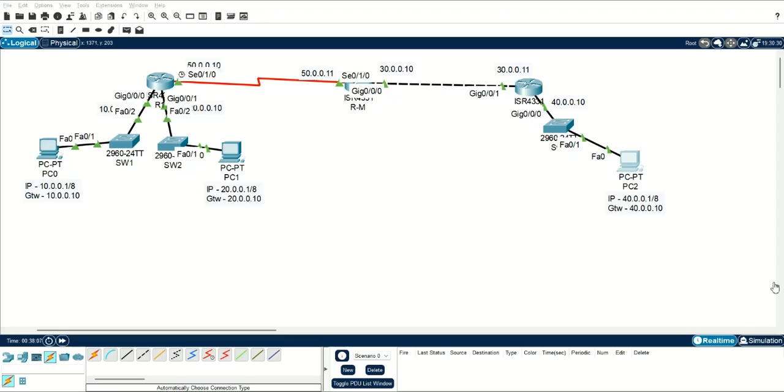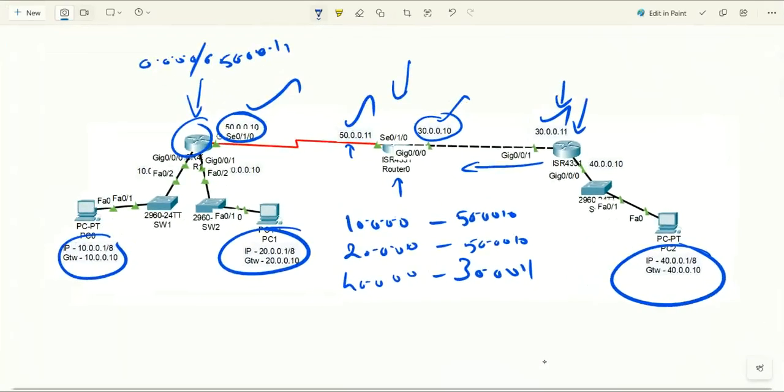We also learned that default route is not the right solution if a router is in the middle. When a router is in the middle, that is not a stub router. Only on the stub router we can write default route.